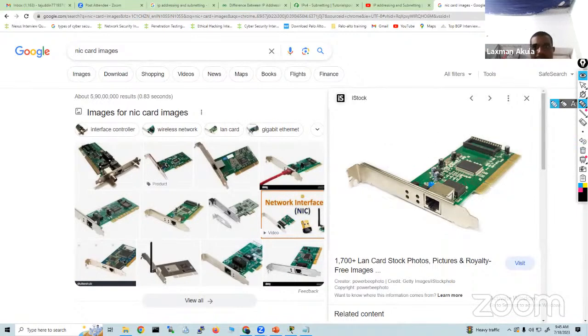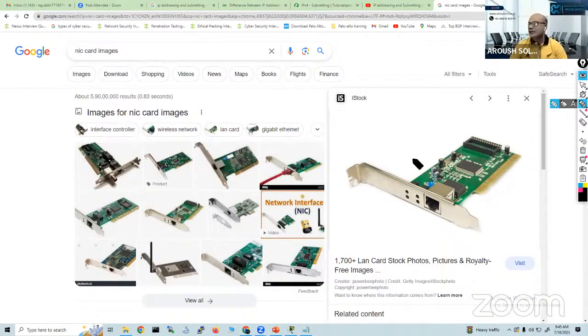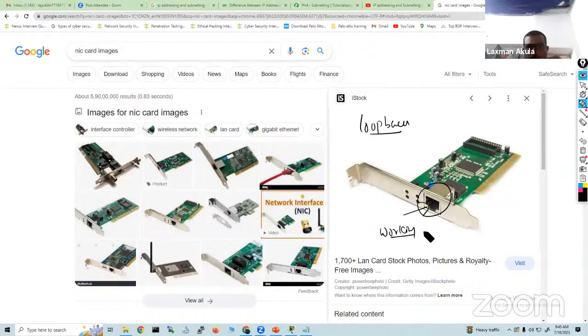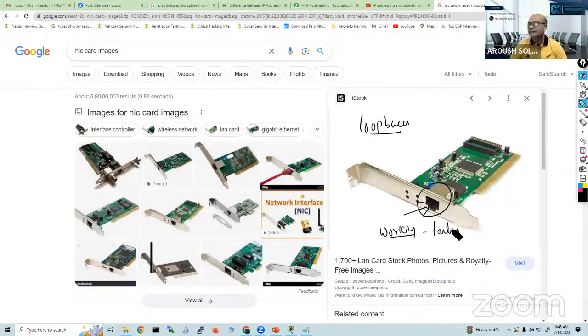Now I'll tell you a very important thing here. The loopback IP is used to check whether this NIC is working or not. It is used for testing and diagnosis.